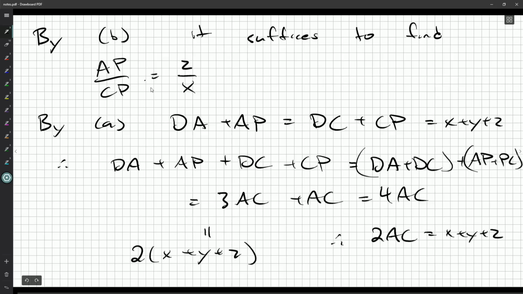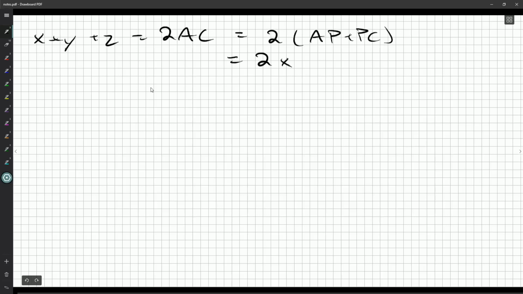I guess that's true. I don't know how helpful that is. Of course, it's also, yeah, so x plus y plus z is 2AC. That's 2 times AP plus PC, which is 2z plus x.